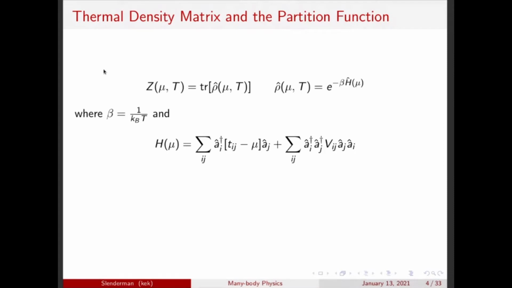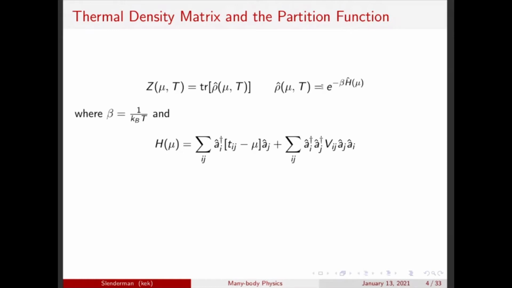So first, I'm going to talk about the thermal density matrix. Z here is the partition function as a function of, say, the chemical potential mu and the temperature T. The partition function can be written as the trace of the thermal density matrix, rho, where I give rho here.